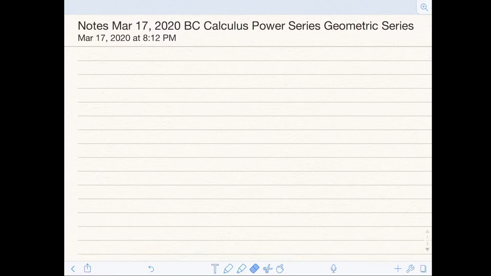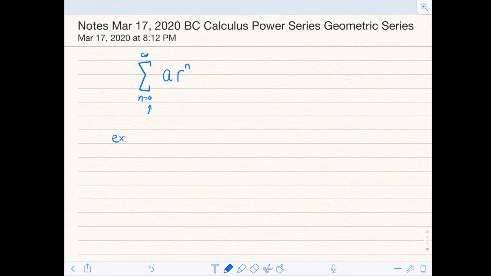So if I'm working with, let's say, a geometric series, n is going to be equal to 0 goes to infinity of a sub 1, or just a, r to the n power. Before, we talked about when the n value started at 1, now we're going to start with n equal to 0.